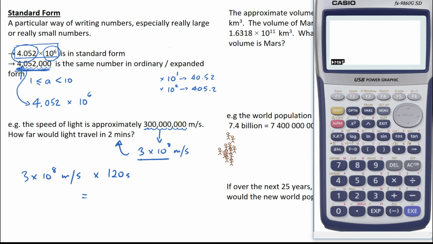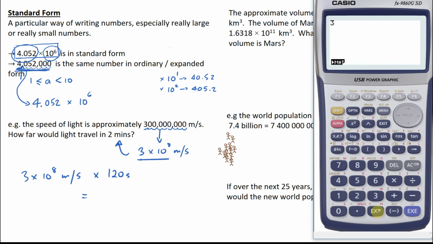Okay, using our calculator, we're going to use the EXP button, which stands for exponent. When you press that button, you're telling the calculator to input a power of 10. So to input 3 times 10 to the power of 8, type in 3. You don't need to type in the multiplication sign.